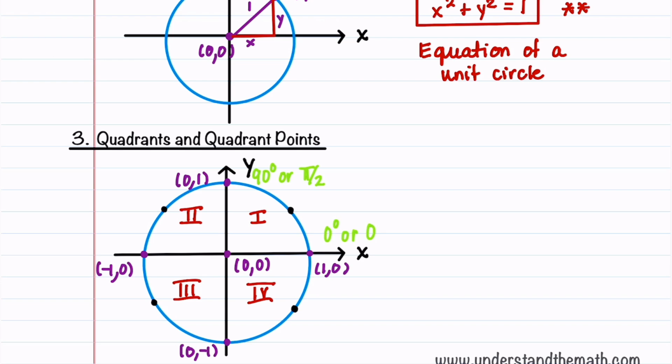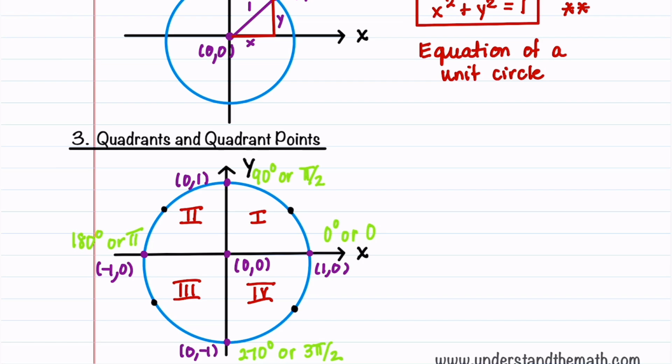Our next quadrant point is located at minus 1, 0, and this is equal to 180 degrees or pi. And then our last quadrant point is located at 0, minus 1, and this is 270 degrees or 3 pi over 2.